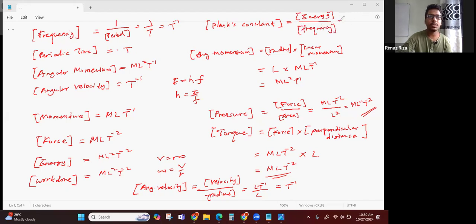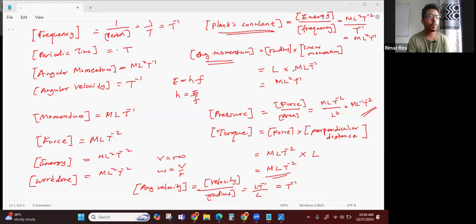The energy dimension is M L squared T minus 2, divided by T minus 1. If you simplify, you get M L squared T minus 1. So you can see the Planck constant and angular momentum have the same dimensions, M L squared T minus 1.